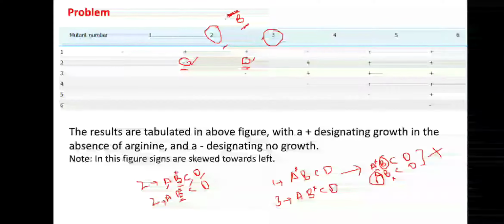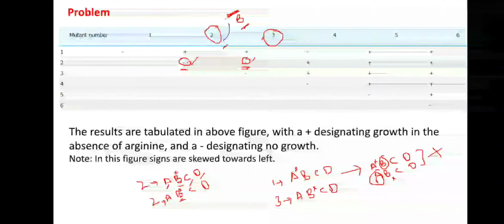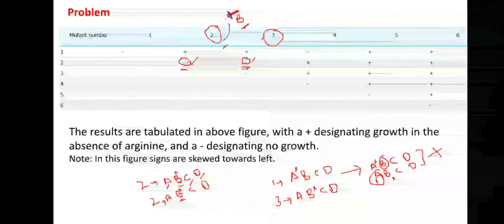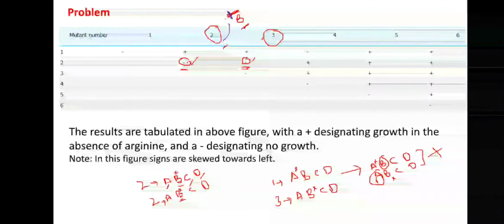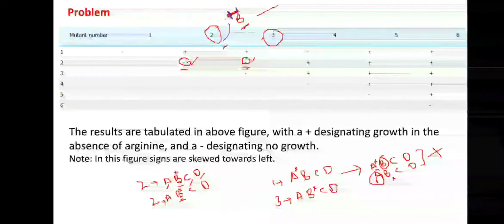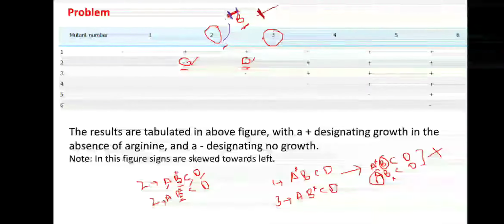The mutation in the second number mutant, no doubt it's in the B gene, can be here at this locus, because genes are big. The size of a gene can be in kb, can be in nanometers also. And for mutant 3, it can be in this region, or it is very much possible that the mutations for both mutants second and third are at the same locus.